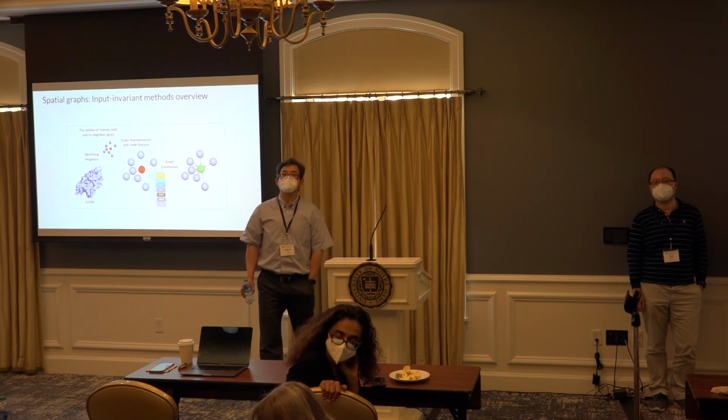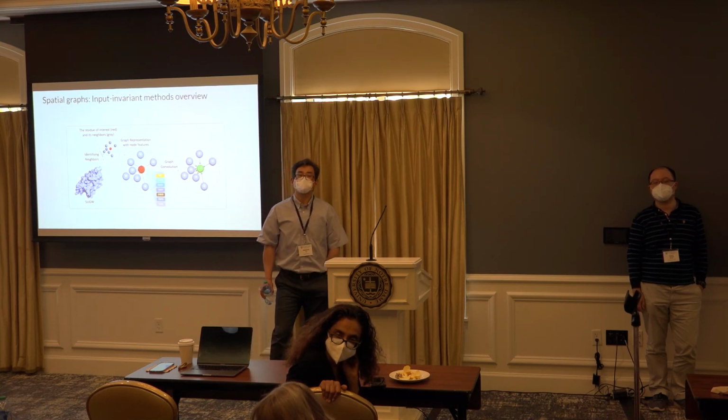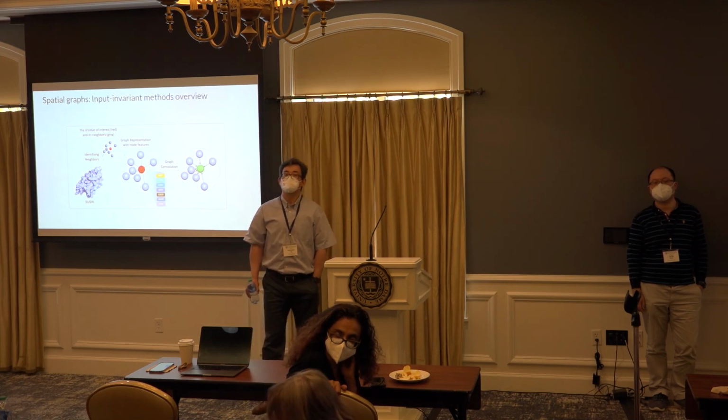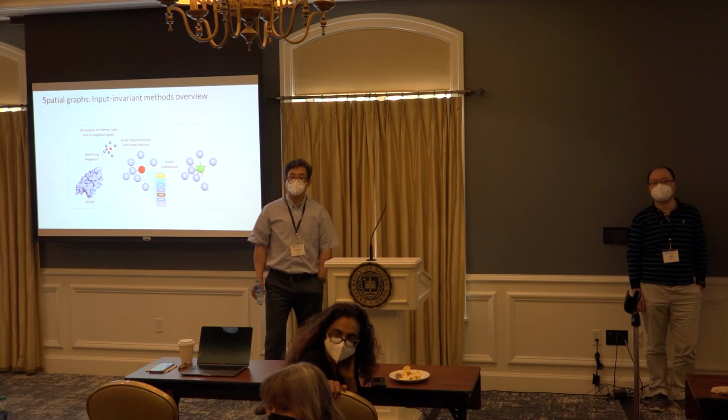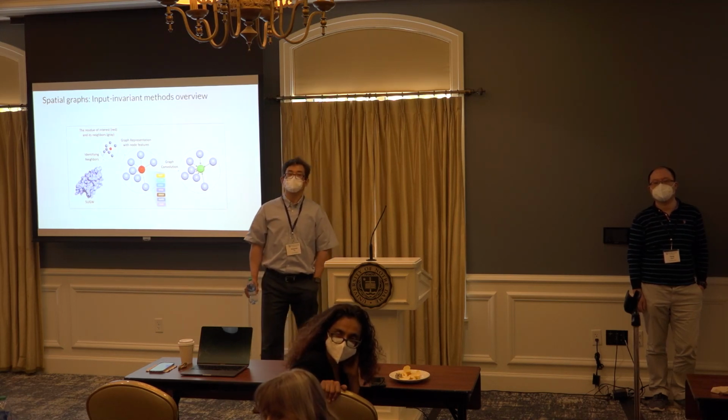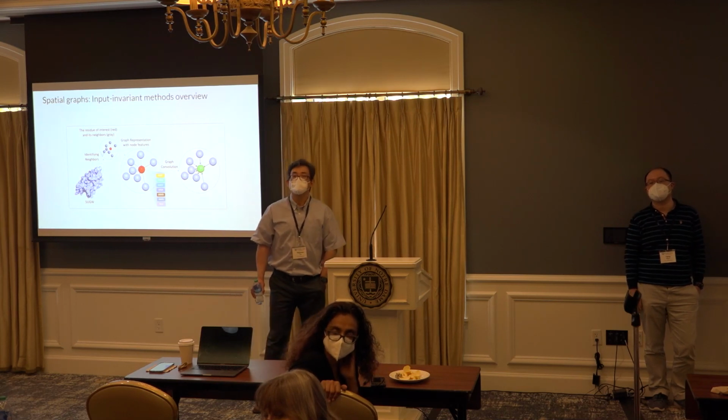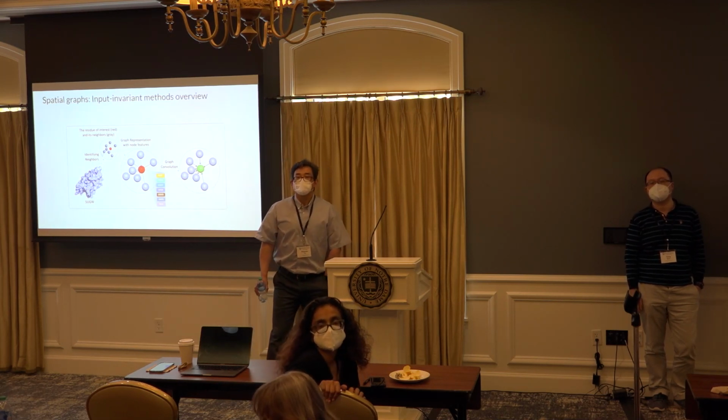So that means effectively that if you set the number of hidden layers to the diameter of the graph, then every node in the graph could influence the embedding of any other node, right? So essentially this implies that it doesn't make sense to go much more than the diameter of the graph.